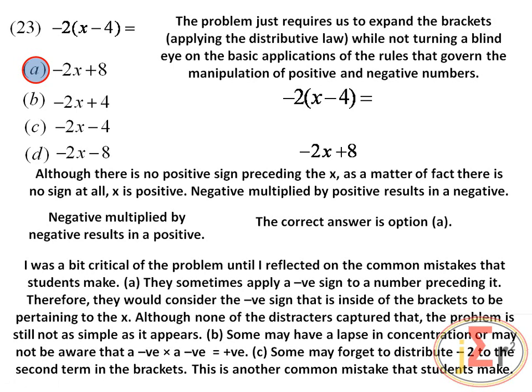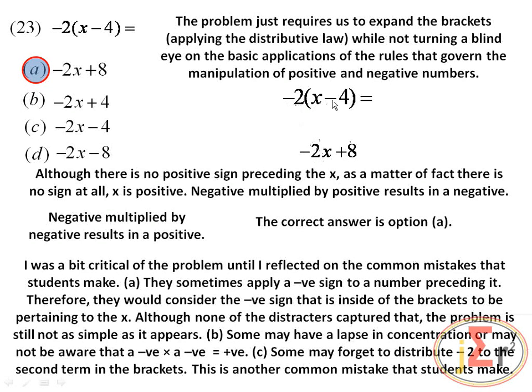And C, some may forget to distribute the negative 2 to the second term in the brackets. I remember one CSEC report making mention of such mistakes that we have candidates making. That is, the negative 2 is not distributed to the negative 4. Therefore, the students will just do negative 2 multiplied by x, negative 2x. Then negative 2 is not used again.